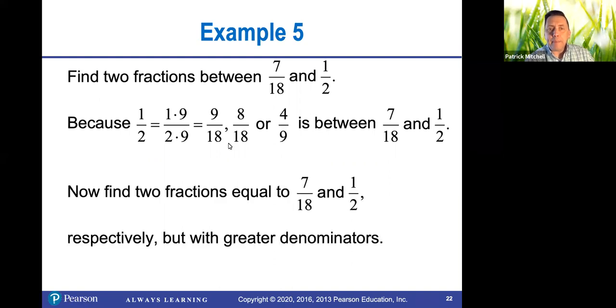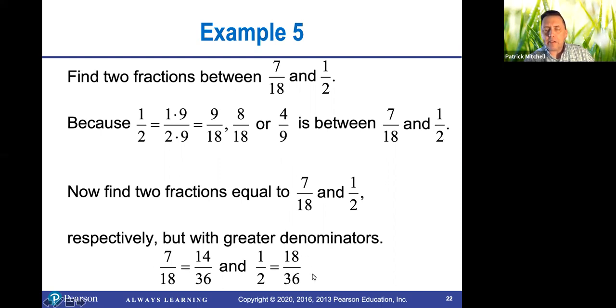And now we can repeat that process. Well, actually, if we make the denominators bigger than 18, then it'll be easy to see more than just the one fraction. So if we find two fractions between 7/18 and 1/2 with greater denominators, for example, if we made the denominators 36 by multiplying the top and the bottom of this by 2 and the top and the bottom of this by 18, we find that those two fractions are equal to 14/36 and 18/36.